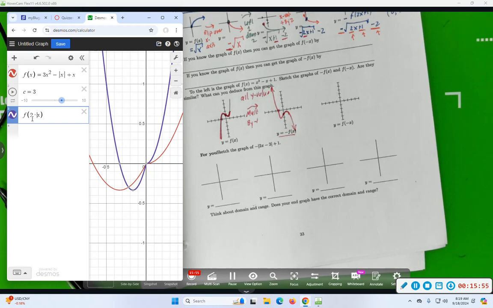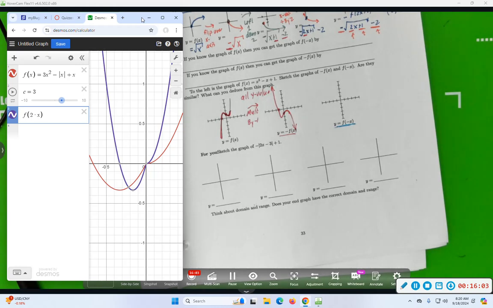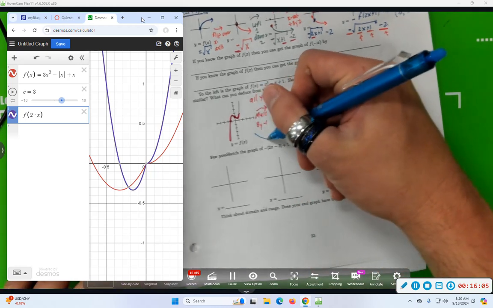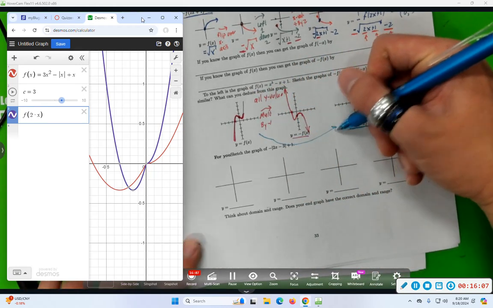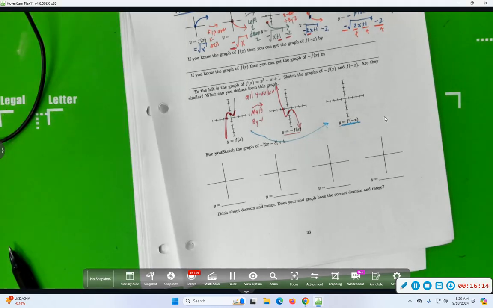So let's also compare that with the graph of f of negative x. So to go from this function to the graph of f of negative x, what do you do to the graph? Makes all the x values negative.